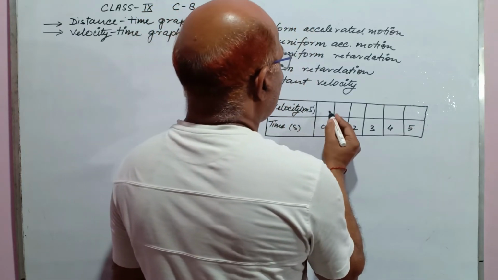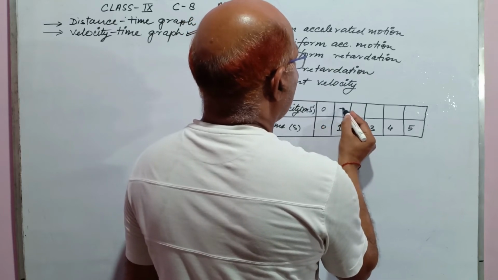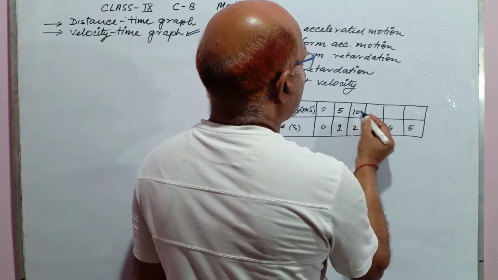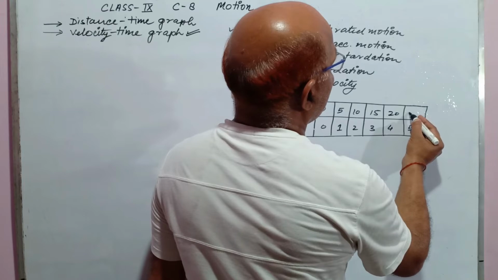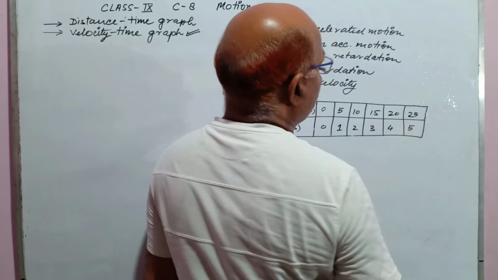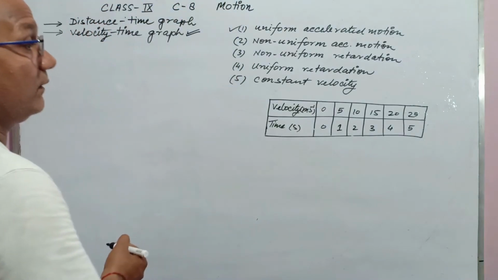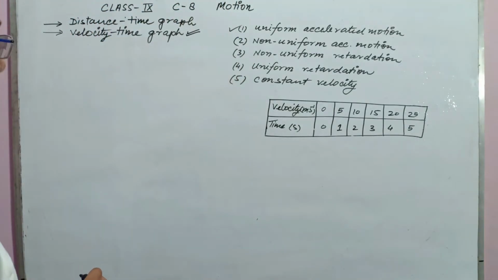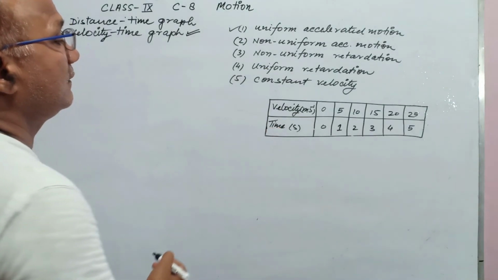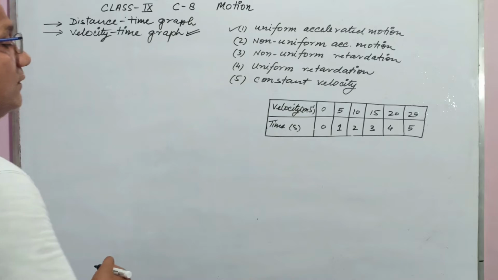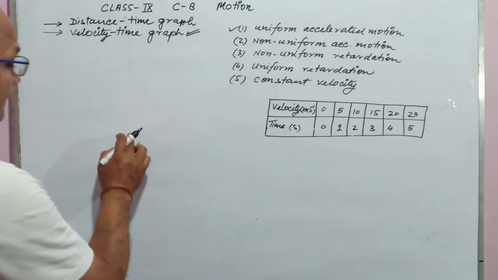At 0, velocity let it be 0, 5, 10, 15 meter per second, 20, 25 meter per second. For this data, now we can draw the velocity time graph. So we will always take time on the x-axis and velocity on the y-axis.